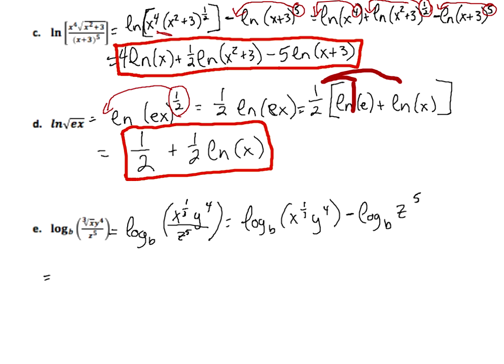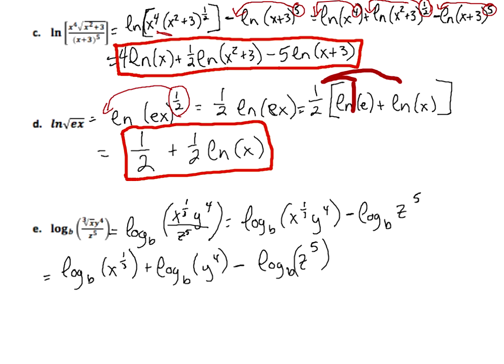Now I'm going to split that first term up, the product, into addition. So log base b of x to the 1/3 plus log base b of y to the 4th. Oops, it's a minus. Okay. Minus log base b of z to the 5th. Now the only thing I have left to do is to pull the powers down and bring them out as coefficients on the logarithm.